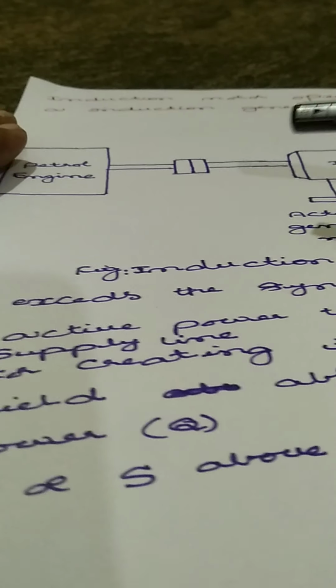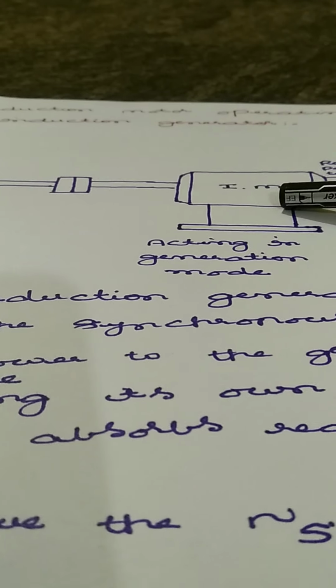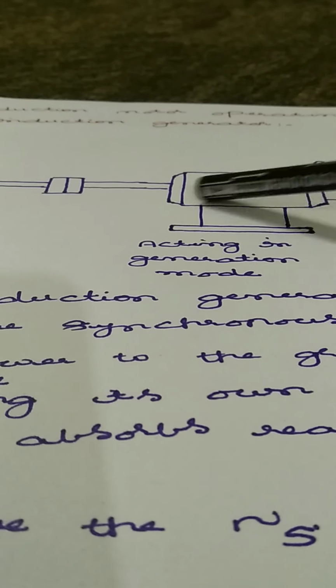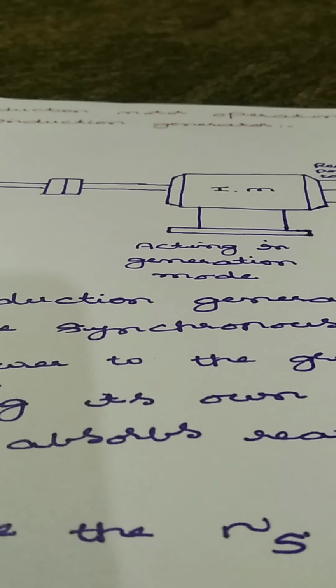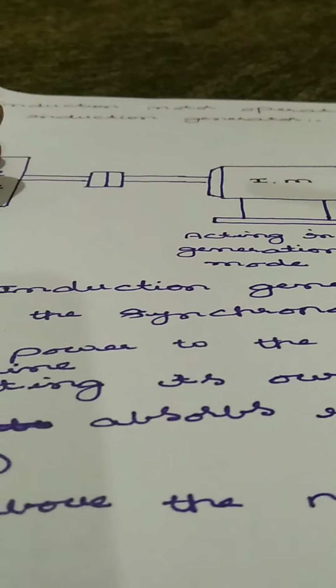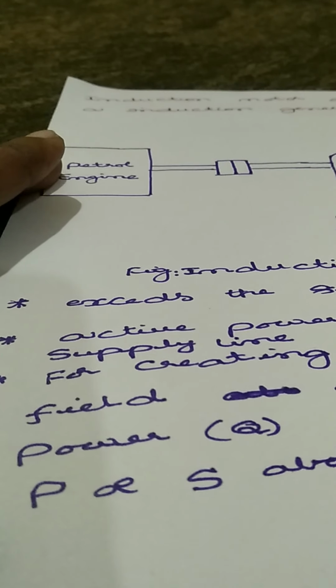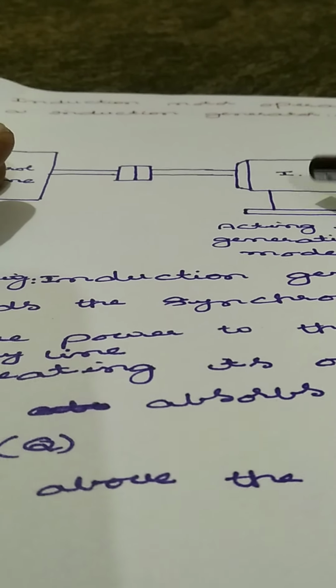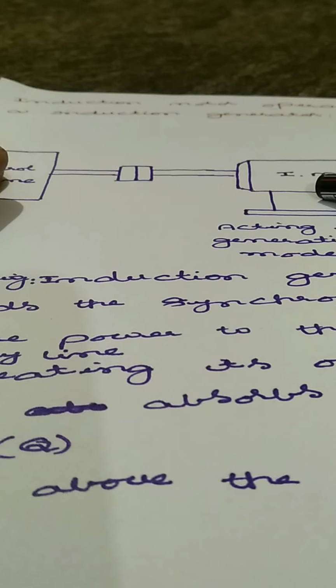When you run the induction motor above the synchronous speed, it acts as an induction generator. When it acts as an induction generator, it supplies active power to the supply line. Reactive power is required for magnetization, and you can get that from the supply line. So when it exceeds the synchronous speed, it acts as a generator.